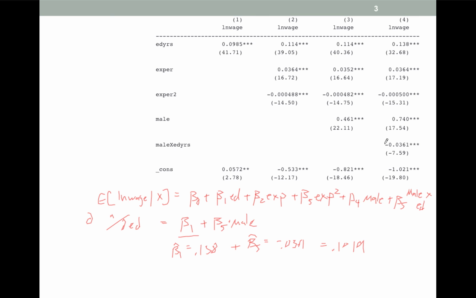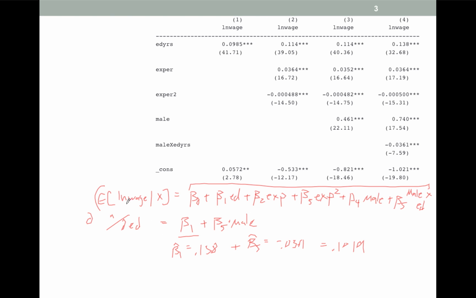Now note also that when there's an interaction in the model, we have to be very careful interpreting the main effects of the two variables. So take, for example, the coefficient on male. When we take this expected value and hold male constant, what we get is this whole term: beta 0 plus beta 1 ed, beta 2 experience, beta 3 experience squared, beta 4 male, plus this end piece.